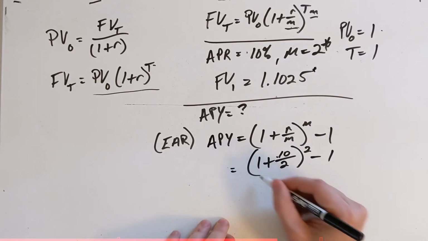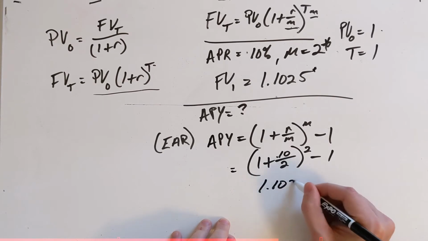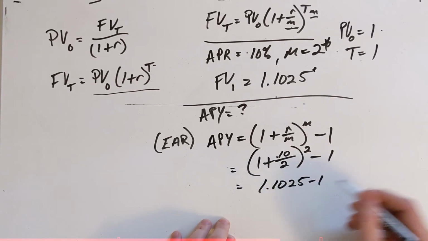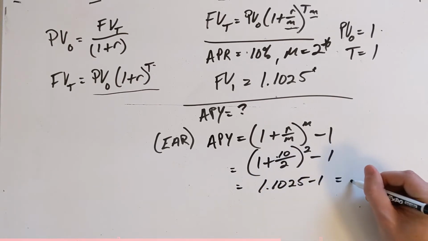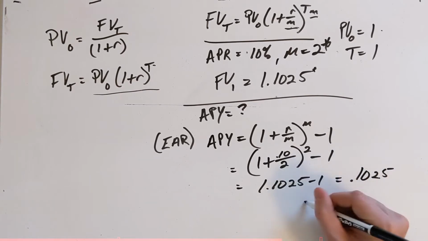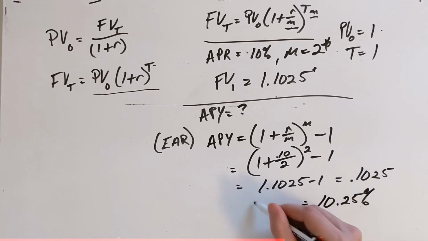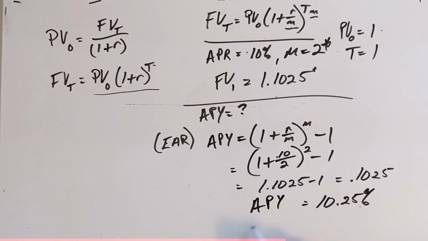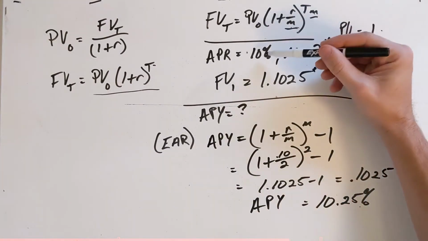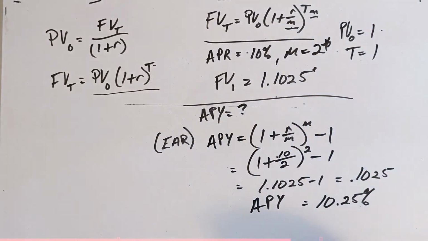So we get 1.1025 minus 1, which is equal to 0.1025, which is 10.25%. And that would be the APY, or the effective annual rate, meaning getting 10% compounded twice a year is equivalent to getting 10.25% compounded once per year.